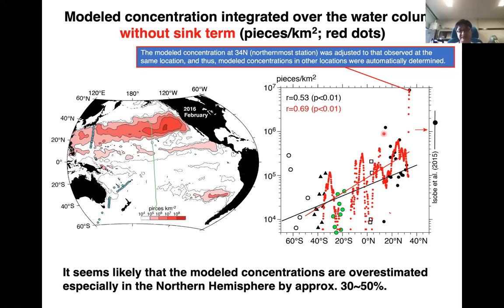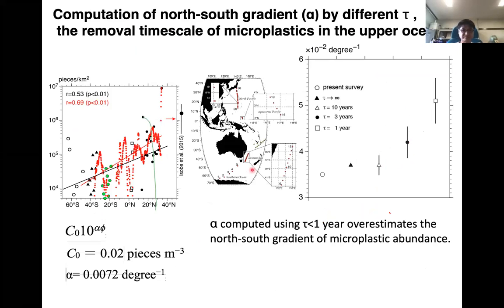So we can compare this slope by modeling and by observation, using different tau for the removal processes.